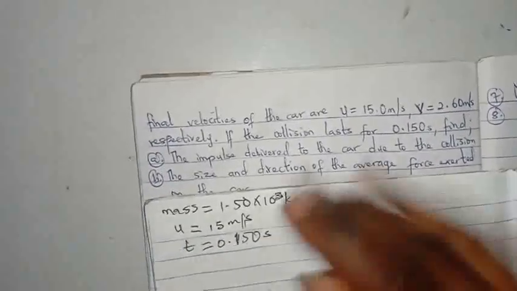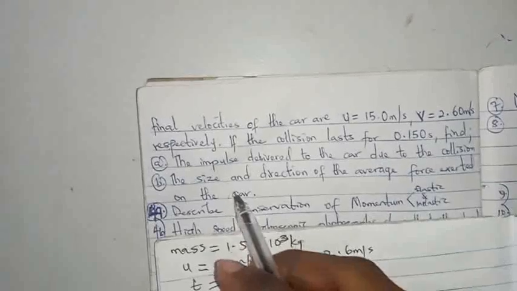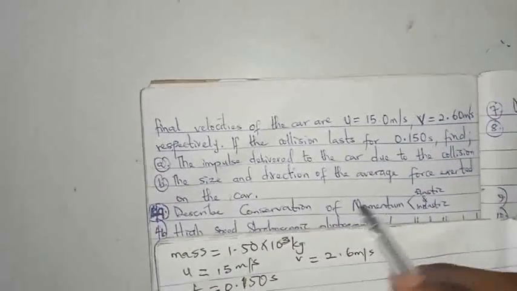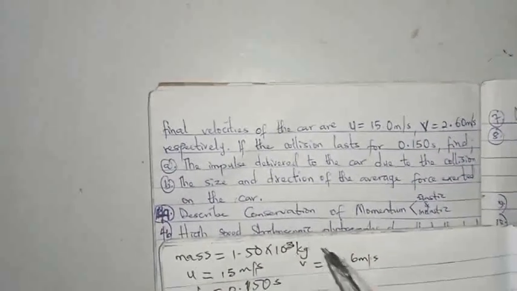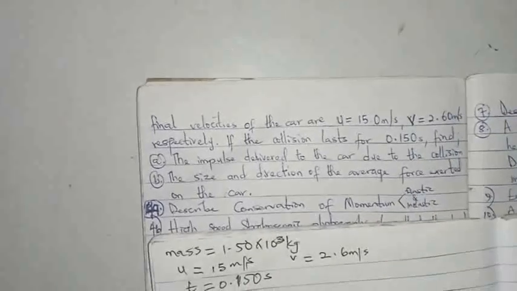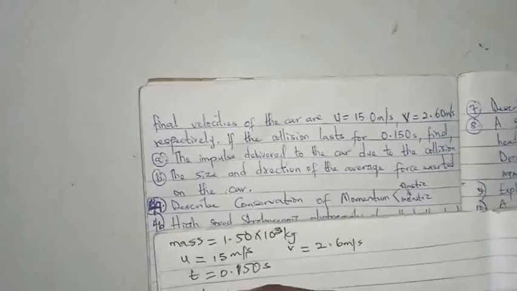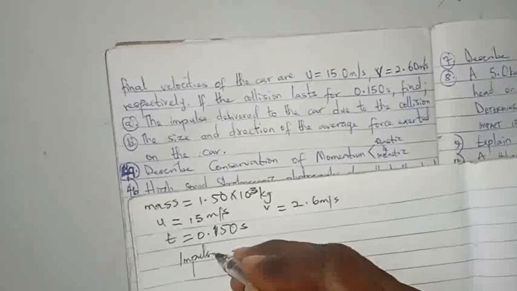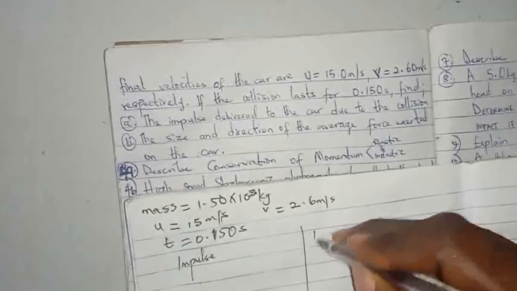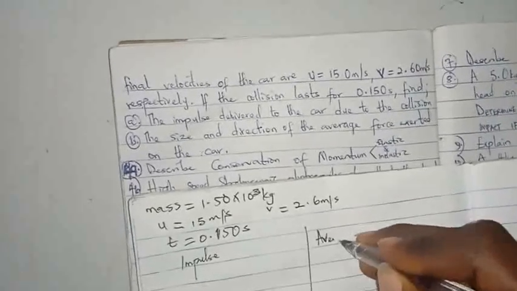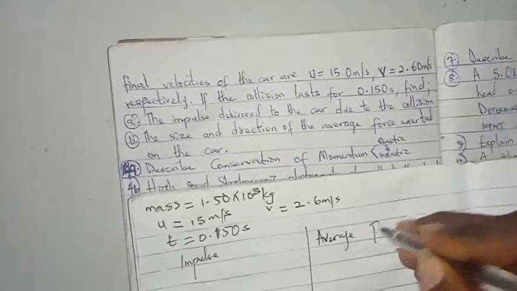Now they're asking me to find impulse and then find size and direction. Force has size and direction, so no problem. It's a vector quantity. So I'm finding impulse and I'm finding average force.